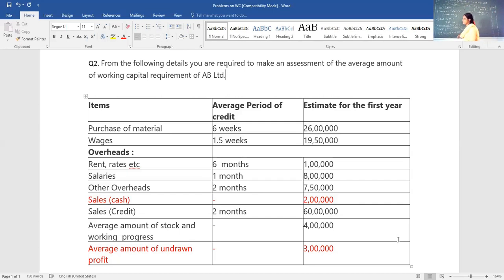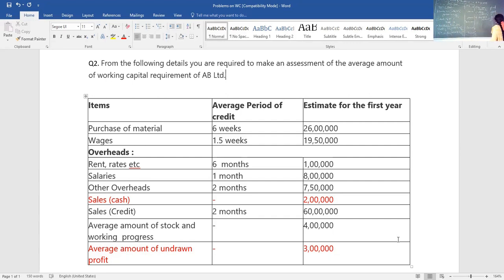Okay. Next liability is outstanding other overheads. How much is the amount? 7,50,000. Time duration is 2 months. So 7,50,000 into 2 divided by 12. How much? 1,25,000.